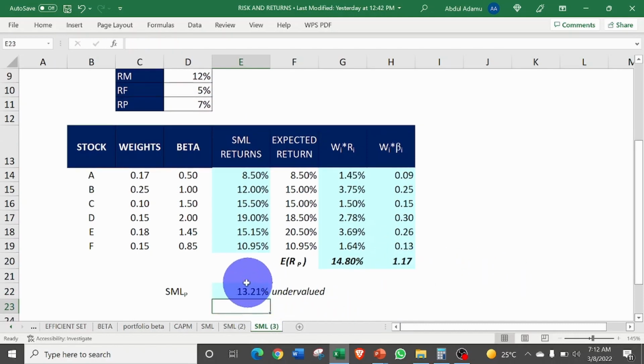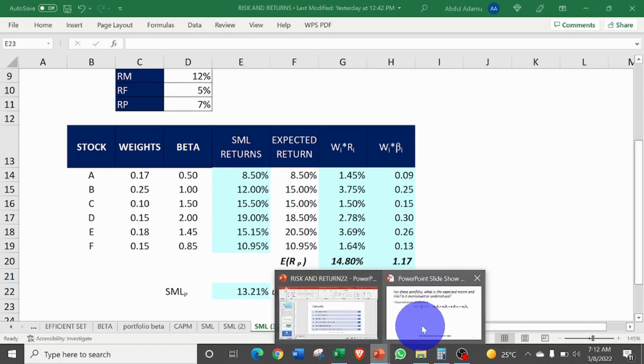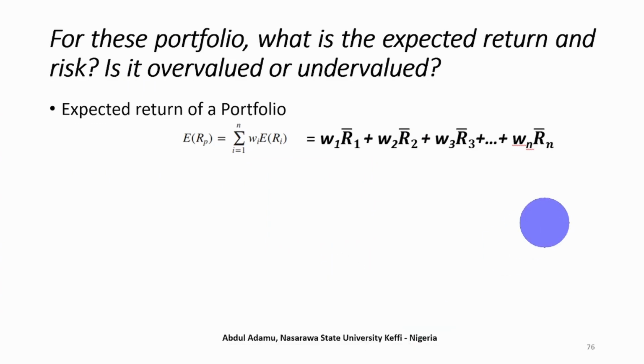Now if you look, this is the return of the portfolio using the CAPM model. Now if we compare this with this return, we can see that this value is less than this. So that is why we said this is undervalued. This is an undervalued portfolio. So these are the way we solve this.